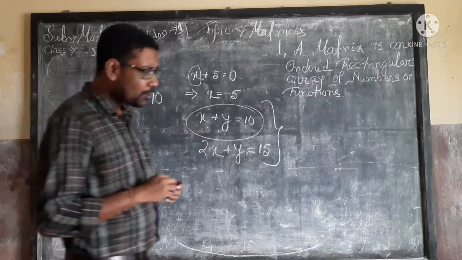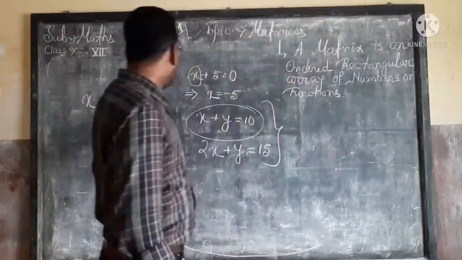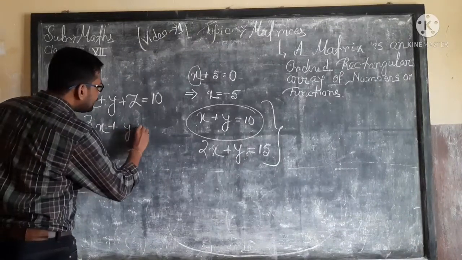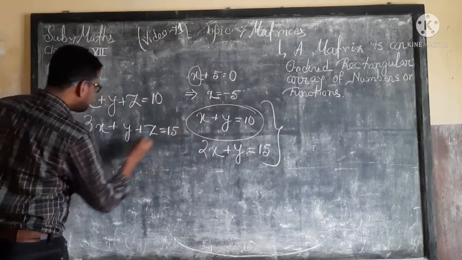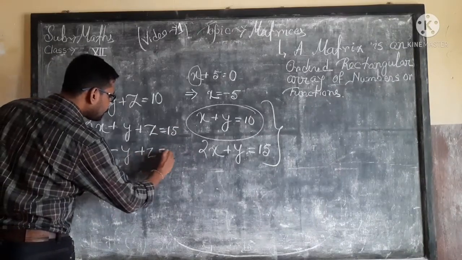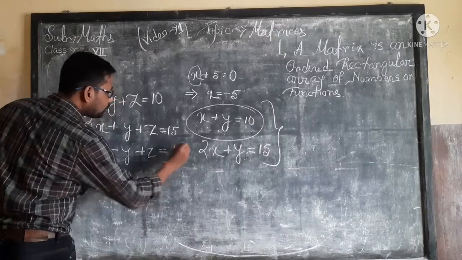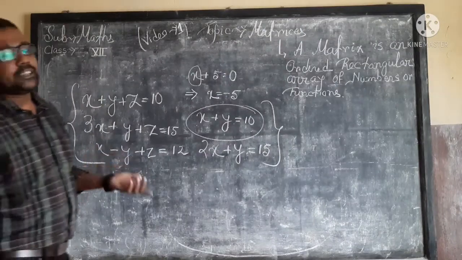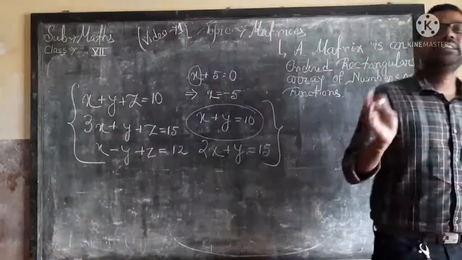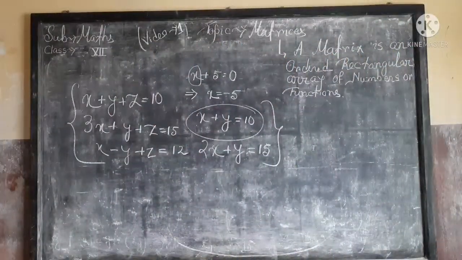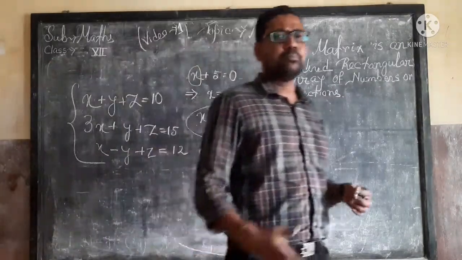So if you have this type of system, three linear equations, you can easily find the value of each variable using the graphical method, the substitution method, or the cross multiplication method.